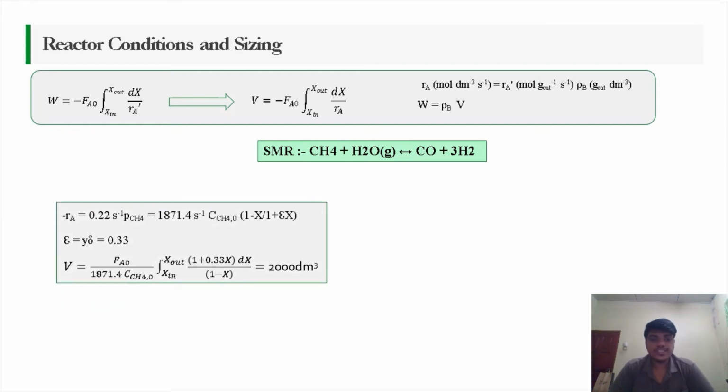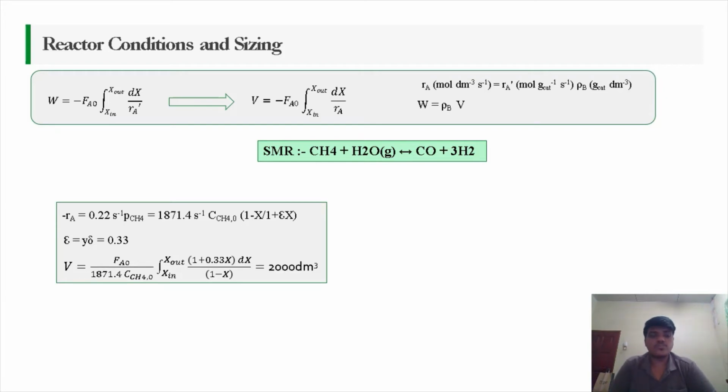So the rate law is given by 0.22 PCH4, which is from our literature study, and we can convert it to 1871.4 CCH4,0 (1 minus X) over (1 plus epsilon X) using the ideal gas law, and the epsilon, the expansion factor, is found to be 0.33.